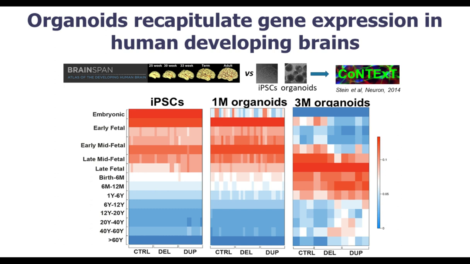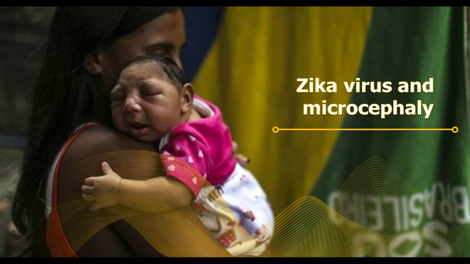So when my lab and other labs start to see that we can recreate or recapitulate some of these early stages of brain development, we look for diseases to model. And I think one of the early diseases that we decided to model was microcephaly. And I think the most striking example is the type of microcephaly that's caused by the Zika virus.